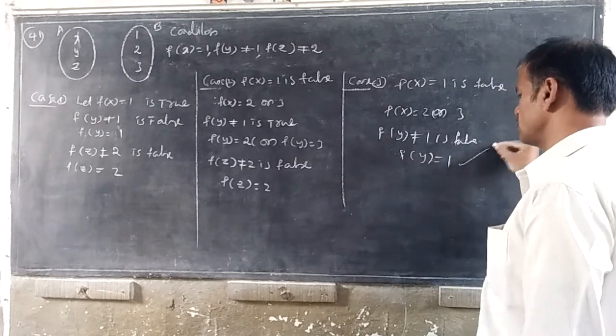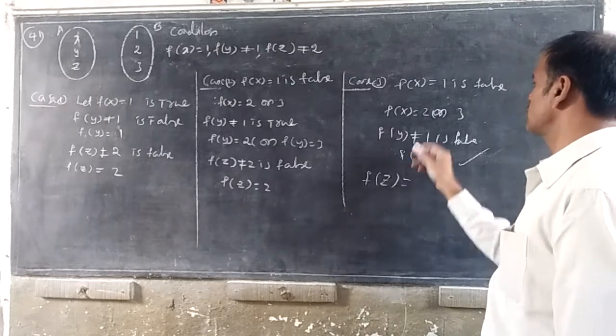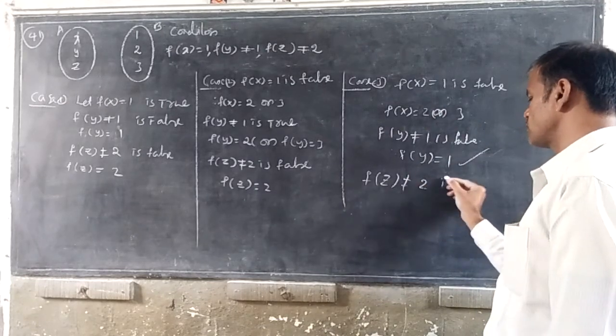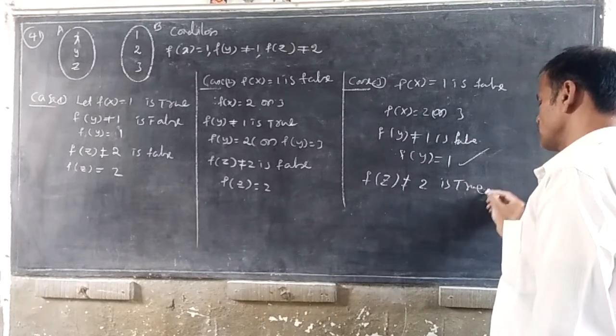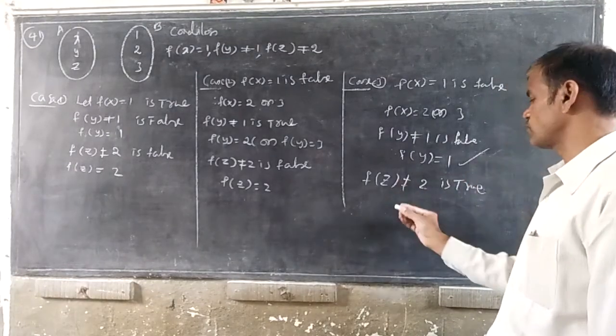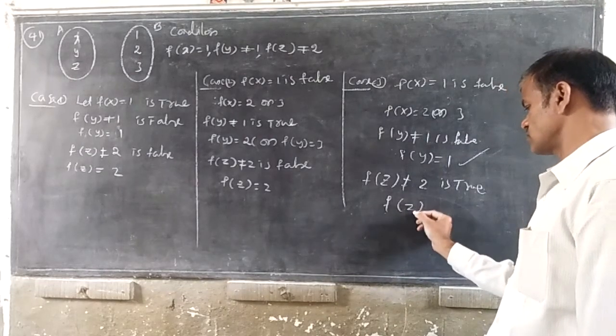Next, false, false, true: f of z not equal to 2 is true. f of z equal to 2 is wrong, so f of z is simply not equal to 2. That's all.